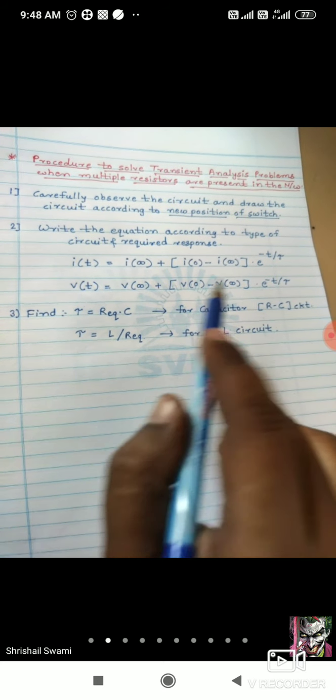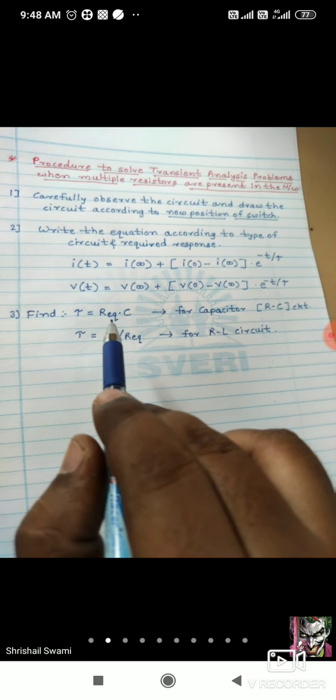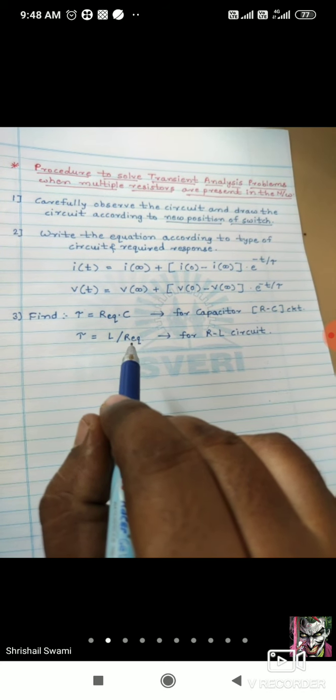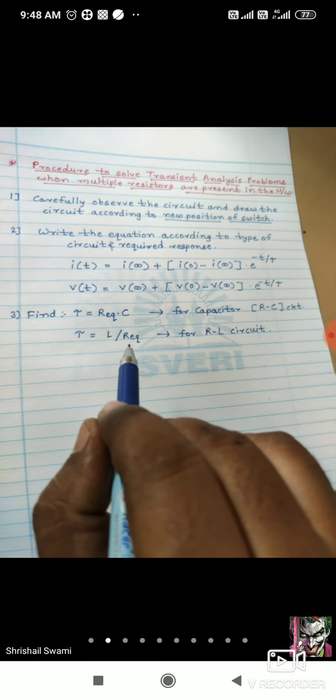Okay, so the third step is to find this tau value according to the type of circuit, that is RC or RL. If RC is there, you can use tau is equal to R equivalent into C, because for an RC circuit tau is equal to R into C. That we already know. And for an RL circuit, tau is equal to L by R. R is used when multiple resistors are present in the network.